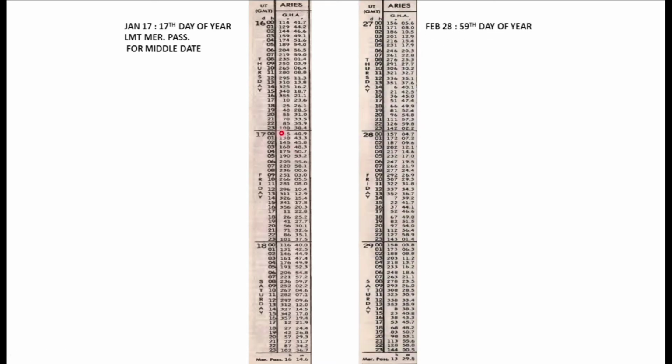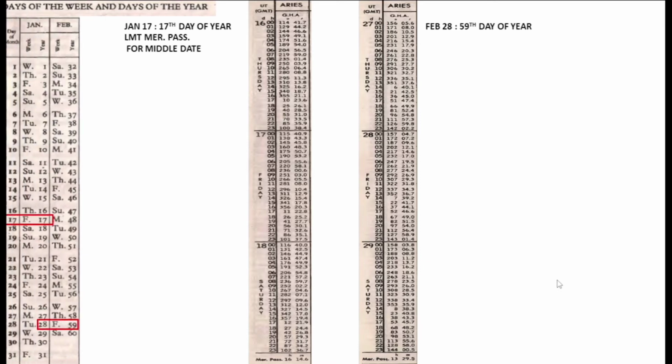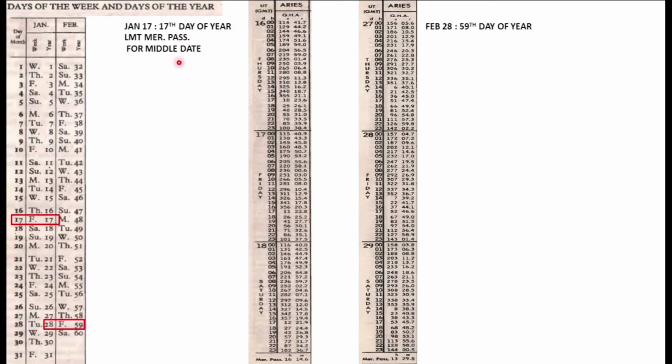Now here is another day, which is 28th of February, which is nearly 2 months away. Now, how did I get these days? What is 17 day and 59 day?